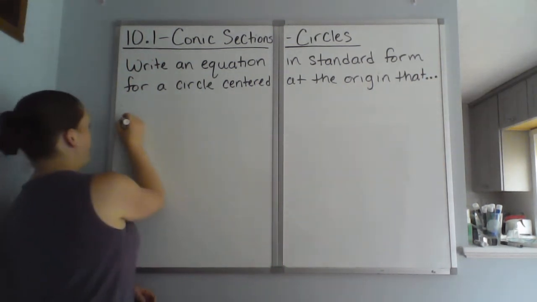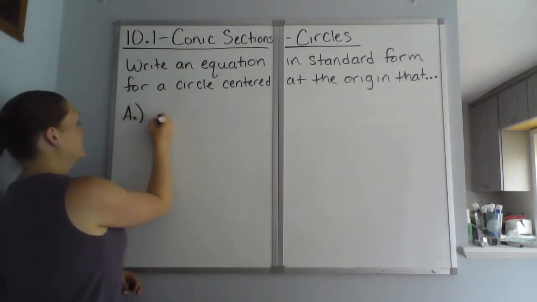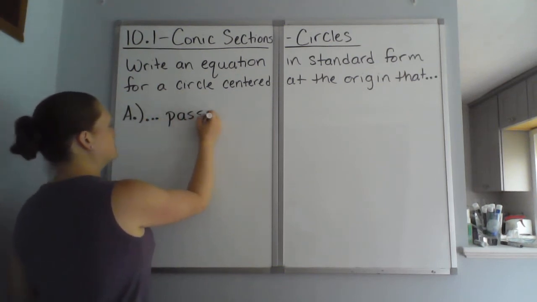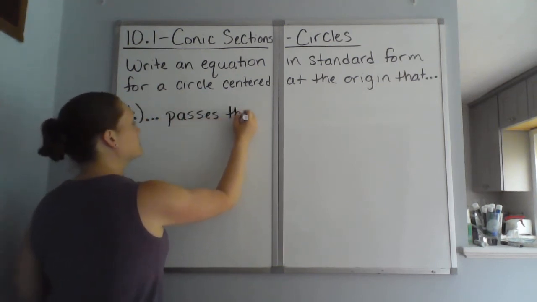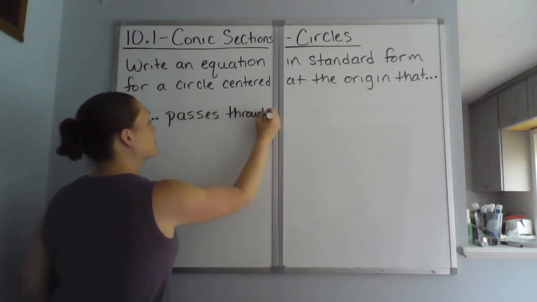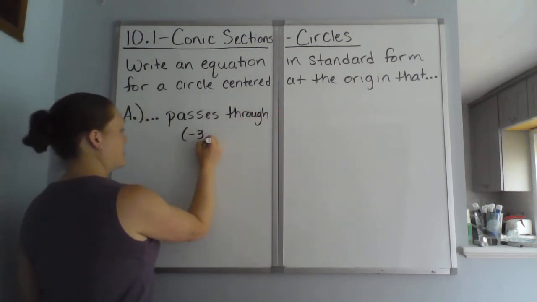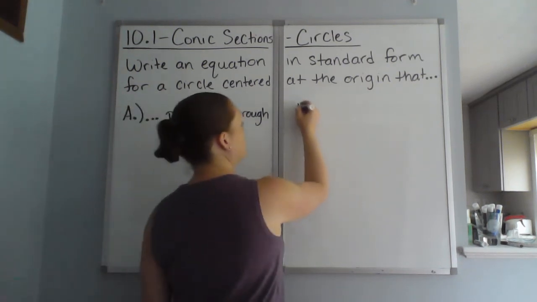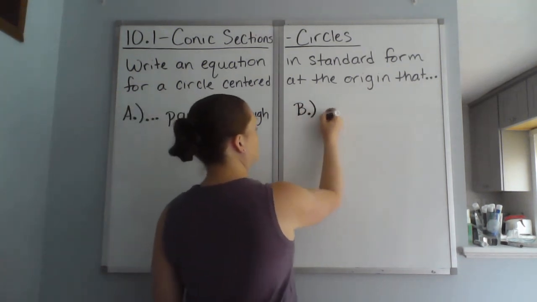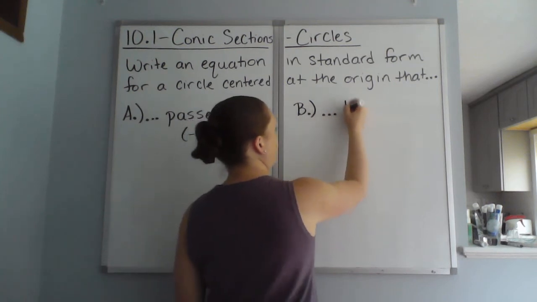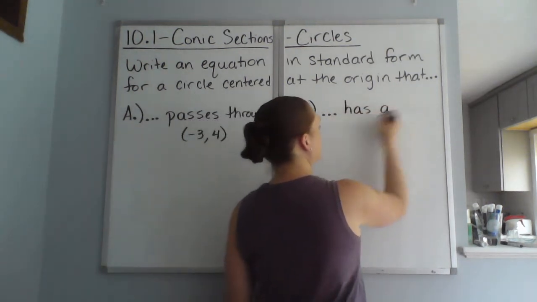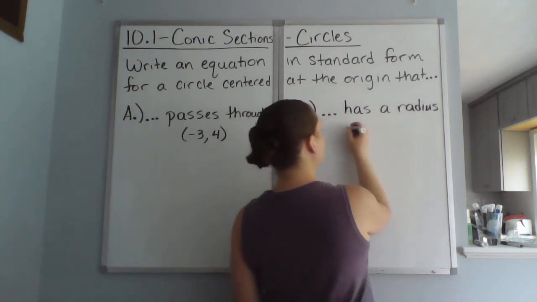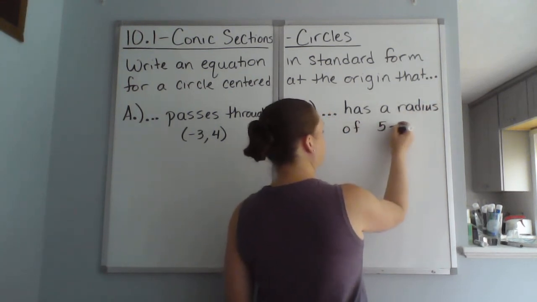Okay, so for part A, for our first problem, that passes through the point -3, 4. And for part B, that has a radius of 5 square root 3.